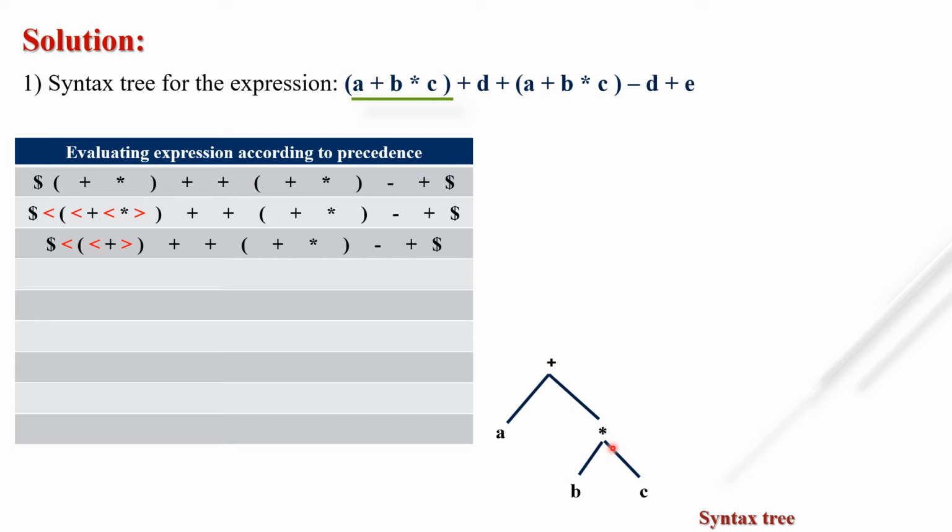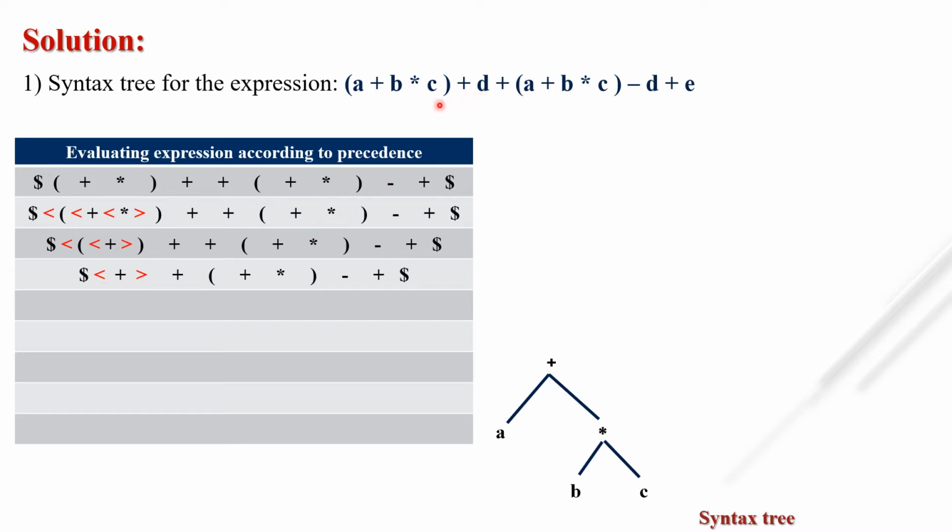Okay. Next, let's see where the handle occurs first. So this plus is evaluated, this whole bracket is evaluated. Then this plus and plus is remaining. As we know, while we put the precedence between the operators, plus and plus is left associative. Okay, the handle is occurring with this plus. What is this plus? This plus means plus d.